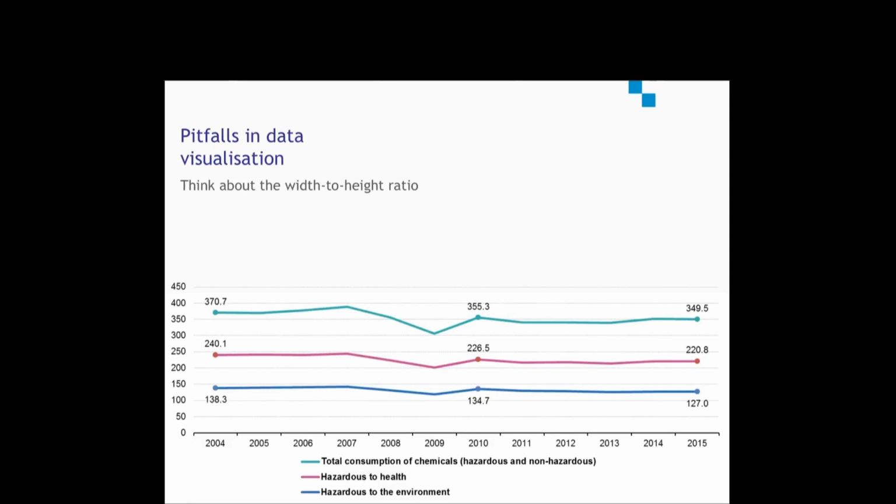As you can see, there is not a lot of variation, which means that it is almost flat, and people will not be able to see the variation within the data. So I think this chart could be made better by making it narrower and probably also higher, and only then people will be able to see what is going on in the data.